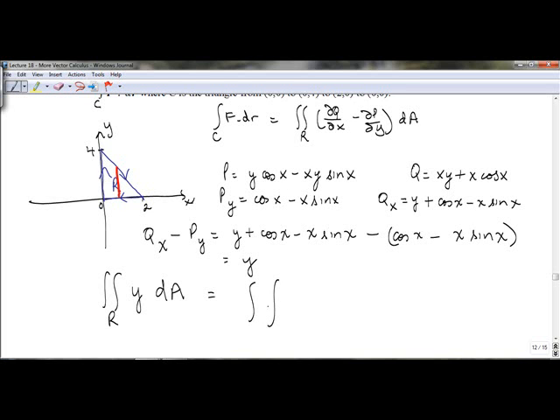So let's write our limits. So we want y dy dx. Our x limits are 0 to 2. Now the y limits, we will need to find the equation of this line here. And when you find the equation, you get y equals 4 minus 2x.